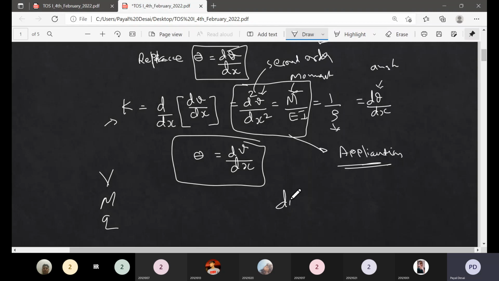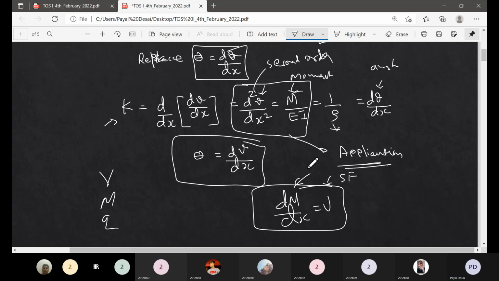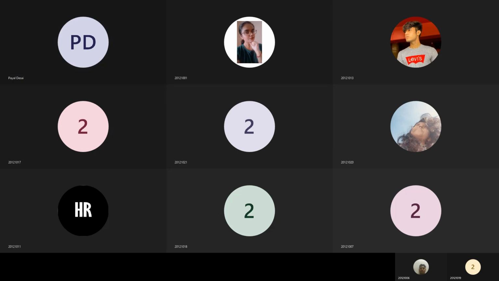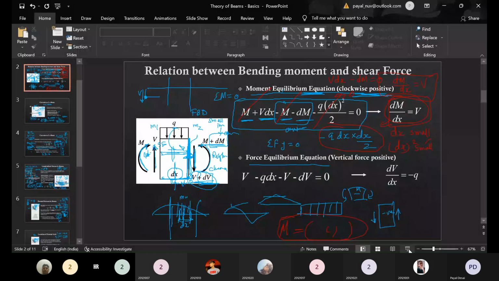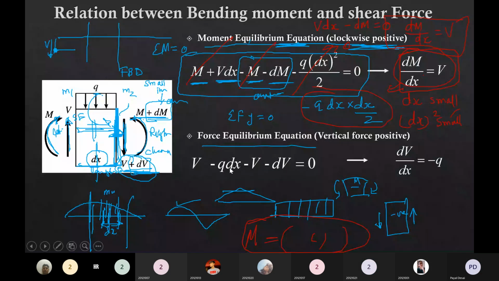Whereas the one we just derived, dM by dx equal to V, this is first order, but it relates moment with shear force. This relates deflection with moment. Now we'll see how loading is also being related. So let us see. Let us take force equilibrium.